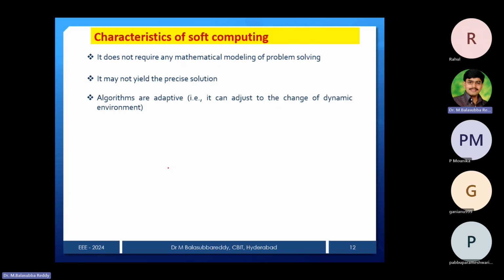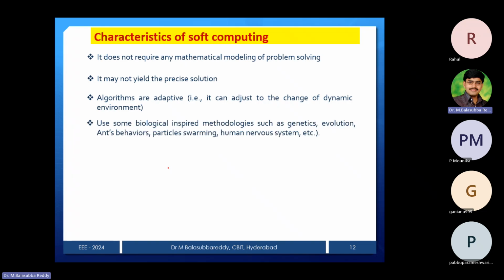If any parameter changes, other parameters also change automatically. It uses biologically inspired methodologies such as genetic evolution and behavior, particle swarm, and human neurons. How the human neuron works, we can develop an algorithm like that.